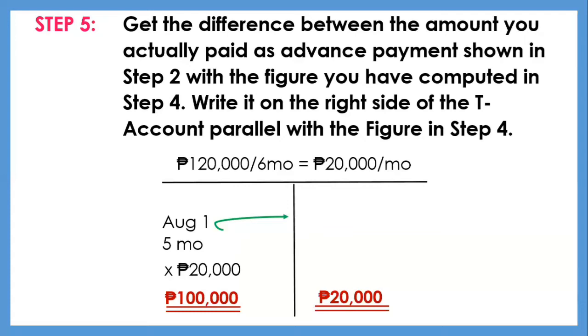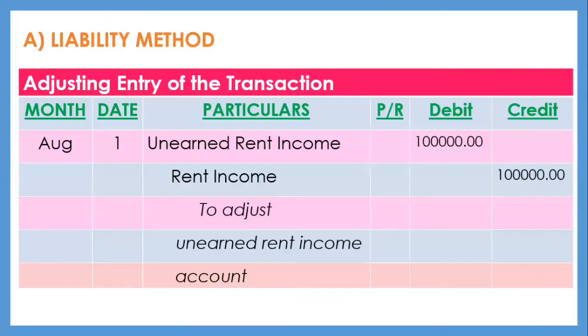So how do we go about the journal entry? Okay, so this is how our adjusting entry of the transaction looks like. Now, if the company is using the liability method, our credit side in the adjusting entries should recognize the income amount.